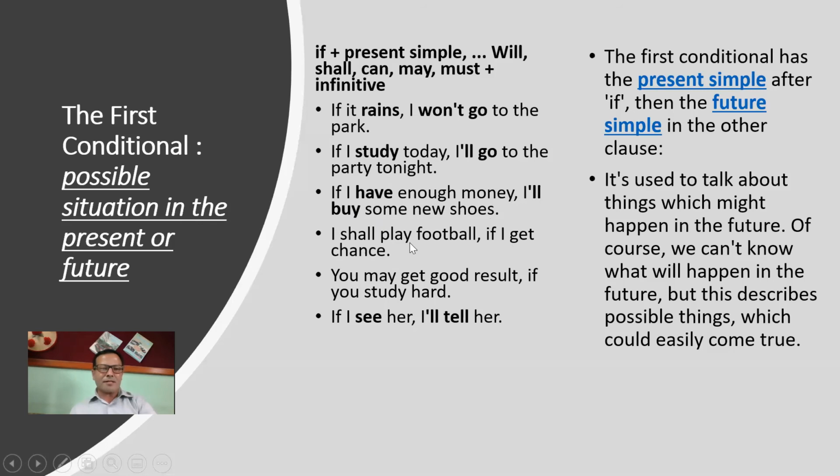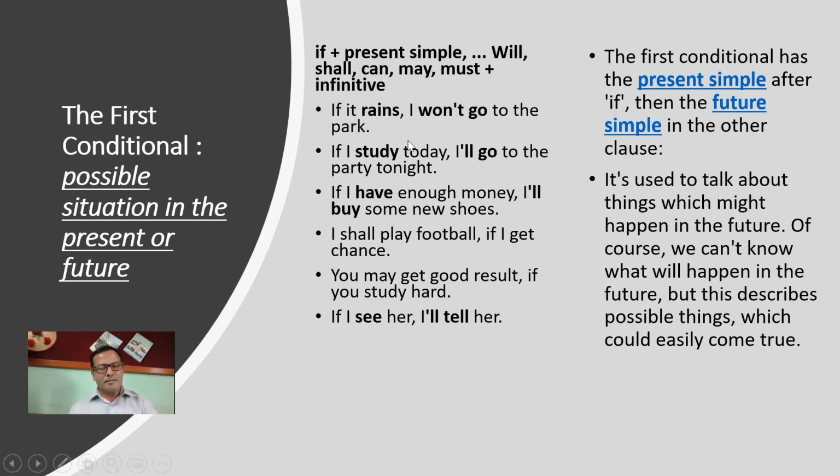These examples express a possible situation, whether in the present or future. These are possible, isn't it? So type 1 conditional sentences express a possible situation which is likely to happen. These are not impossible, these are possible.